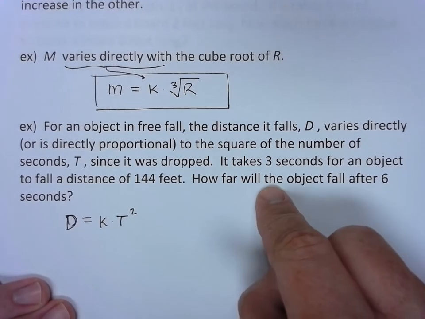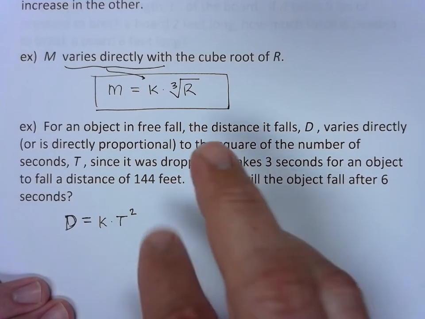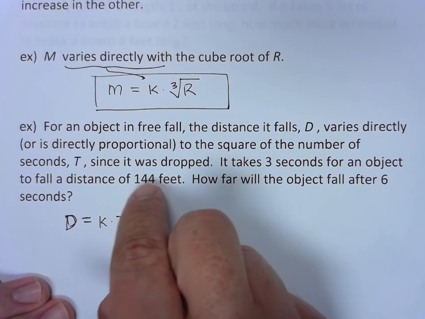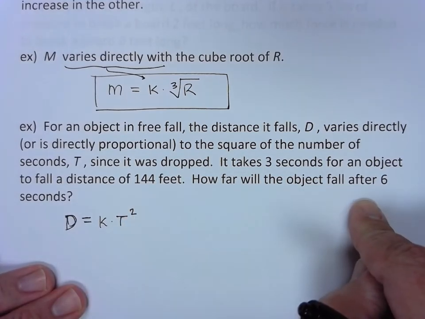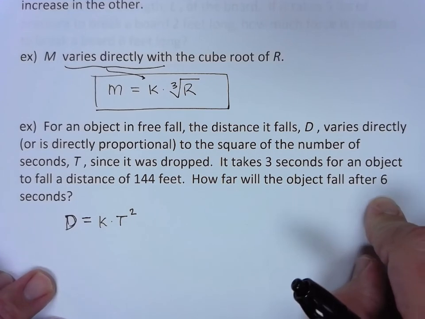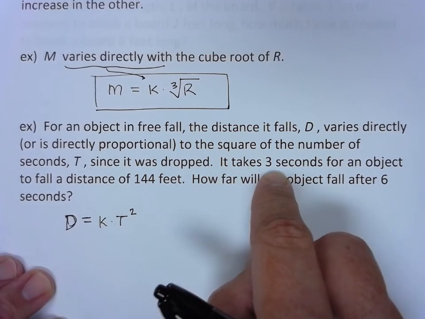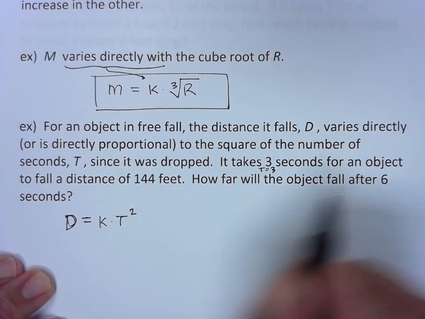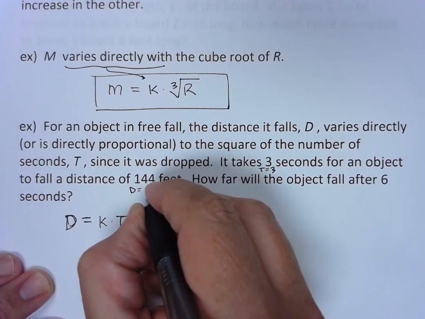But in this problem, we are given some data that relates d and t together. So for this object in free fall, it takes 3 seconds for an object to fall the distance of 144 feet. Then you're asked to figure out how far will the object fall after 6 seconds. Okay, so this is where you're going to take the first sentence that gives you the data, 3 seconds of time, so that's a t value, that's going to use t equals 3, for an object to fall the distance of 144 feet. So the falling distance is 144.